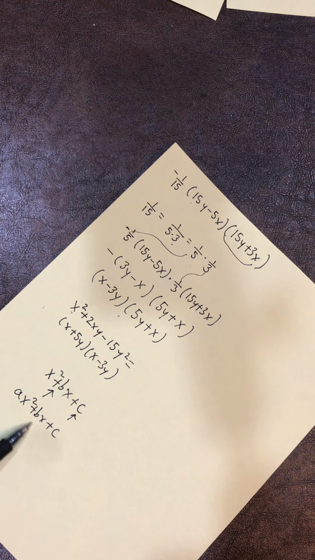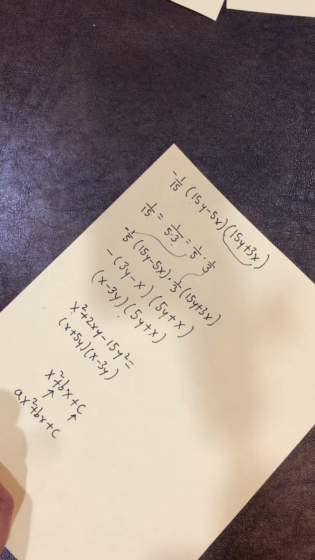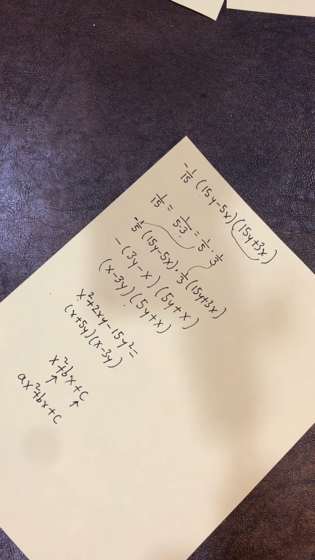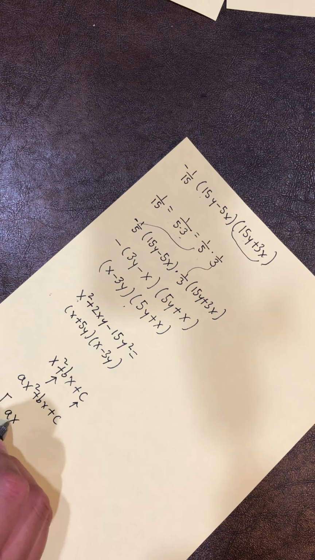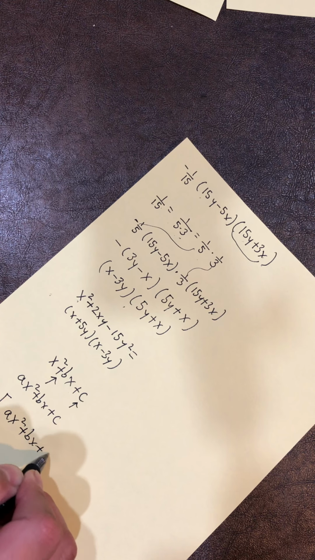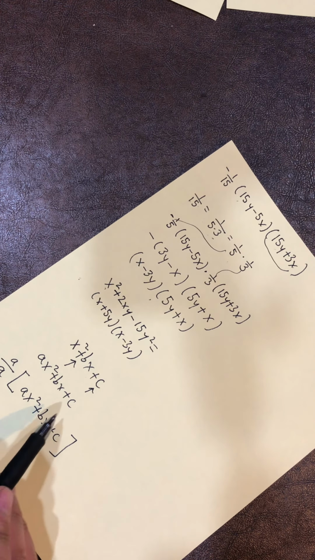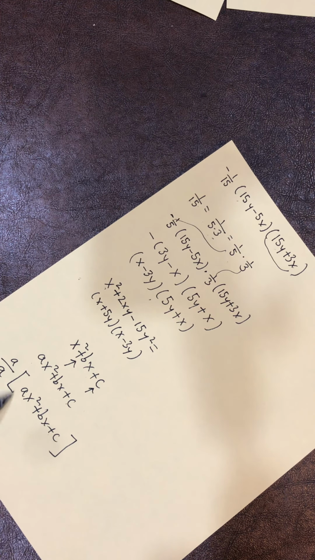And when you have this, pretty much what you do is you multiply everything by a and you divide by a. So nothing has changed. And then you make it look like this.